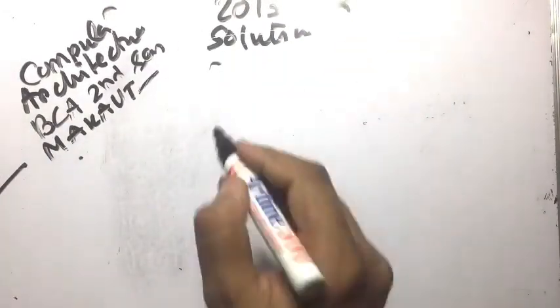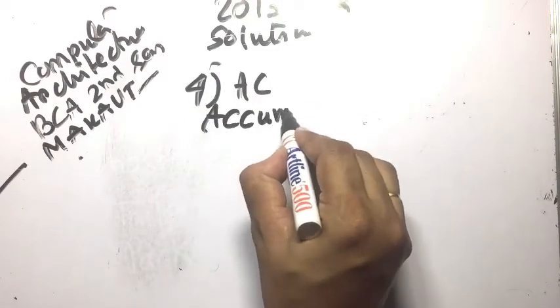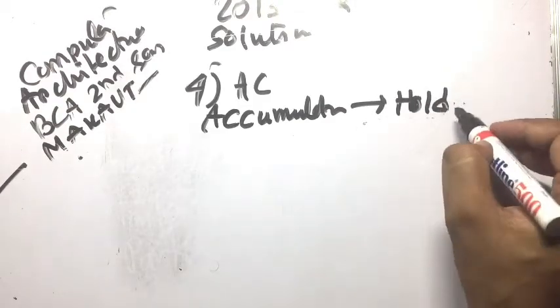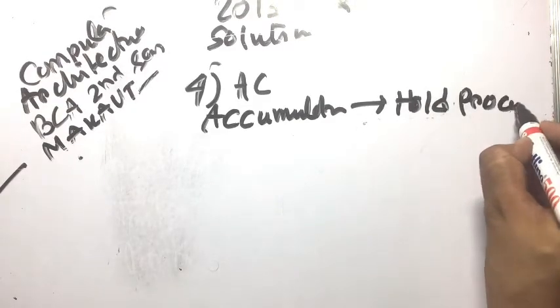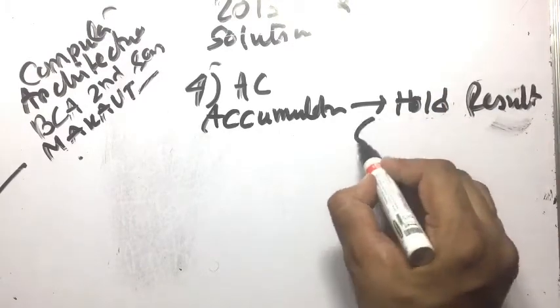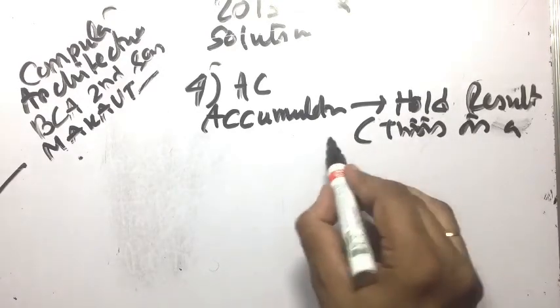And the fourth one, AC, that is accumulator. It is a processor register, and it holds results.